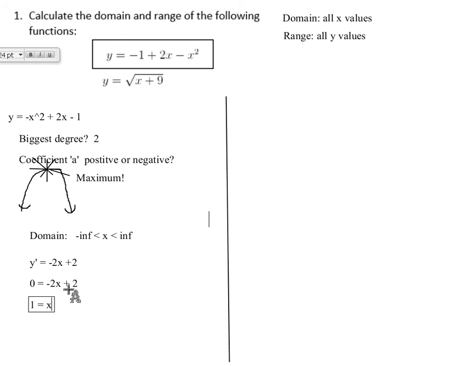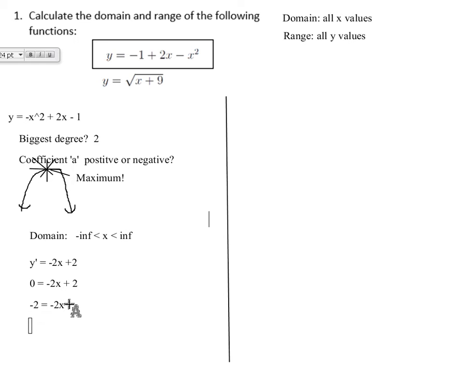Now I've skipped a couple of steps to go from 0 equals negative 2x plus 2 to x equals 1, but you get that? Or would you like me to go through those steps? Okay, so the first step would be to subtract 2 from both sides.